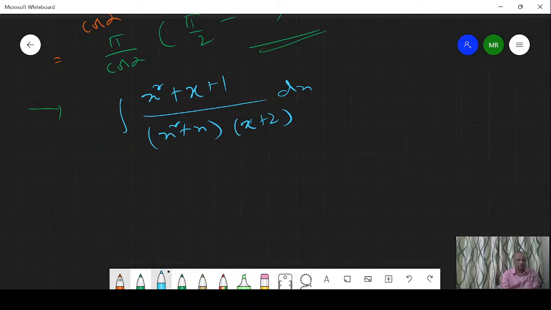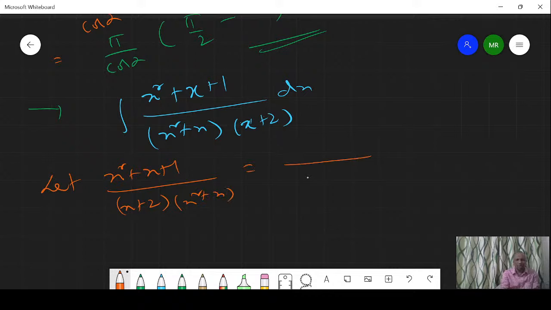Let x square plus x plus 1 by x plus 2 into x square plus x equal to, I can write, linear factor, quadratic factor x square plus x.